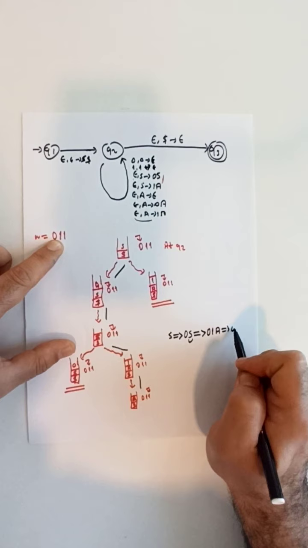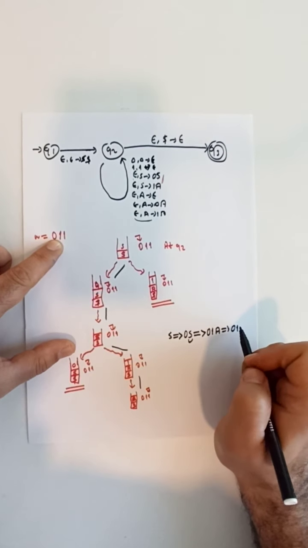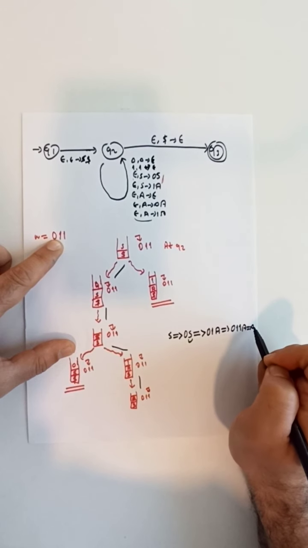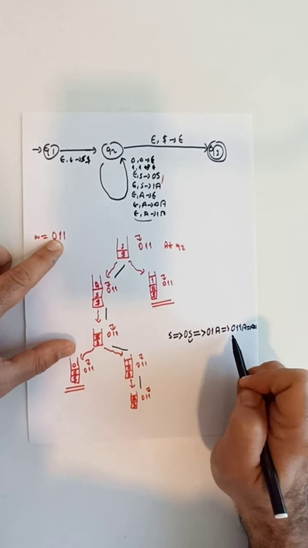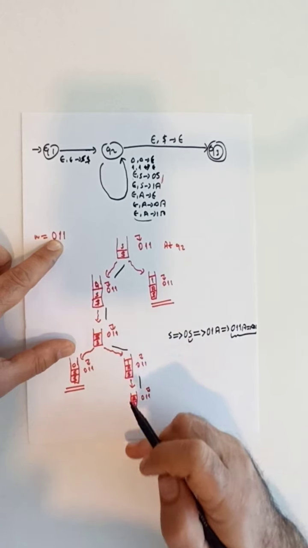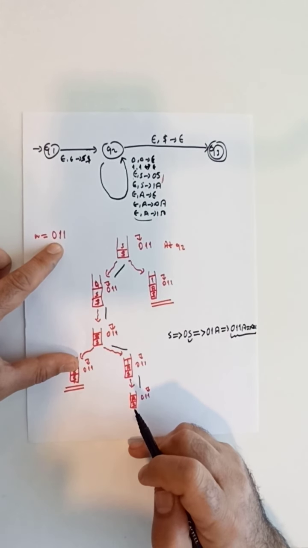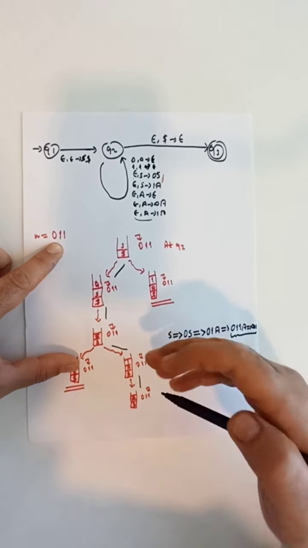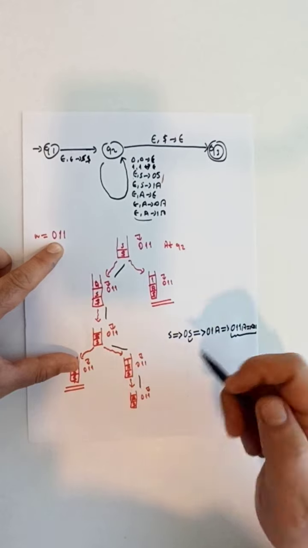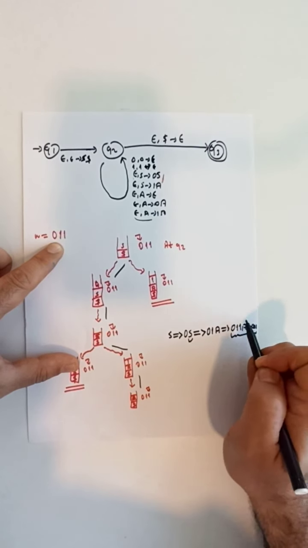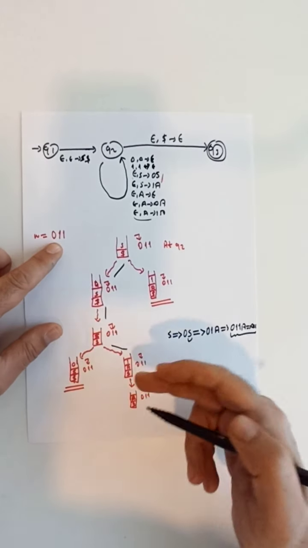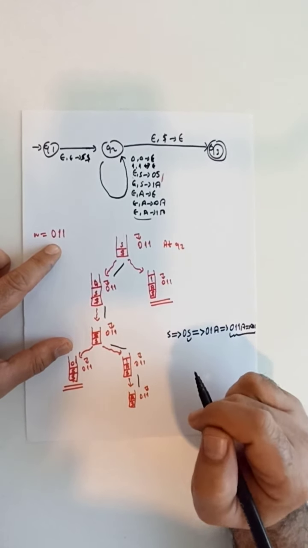So we would be expanding A with 1A, and finally A would be expanded with epsilon, and we would arrive at 0, 1, 1. These two parts I haven't been able to show in here due to lack of space, but you can do it as an exercise to verify that constructing this computation tree further, you can actually simulate these two derivation steps as well, just the way that we have constructed this part of the computation tree.